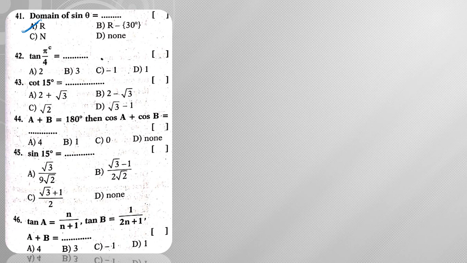Next, tan pi by 4. So pi by 4 means 45 degrees. Tan 45 degrees is nothing but 1. Next, cot 15 degrees. So how to find out the value of cot 15 degrees? Cot 15 degrees is nothing but cos 15 degrees by sin 15 degrees, right? Or directly you can go with the formula.